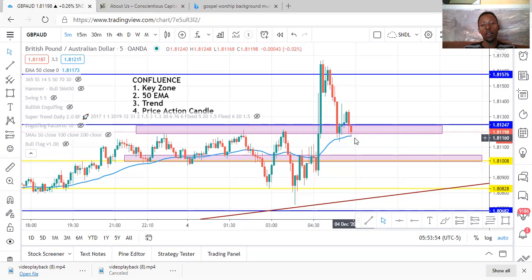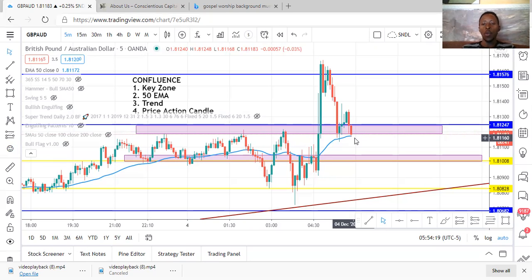But in this case, we're still within the setup. We're still within our confluence. So as we proceed, we're going to see how price is going to behave.